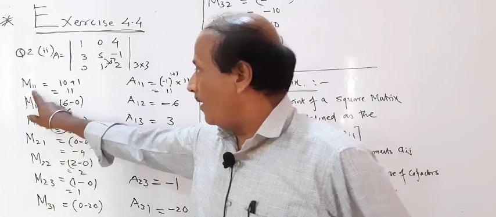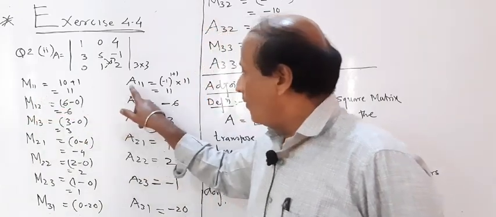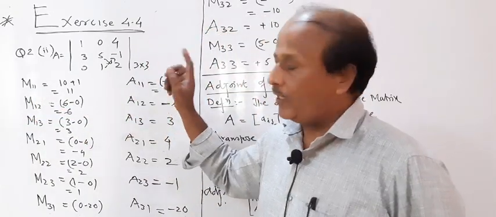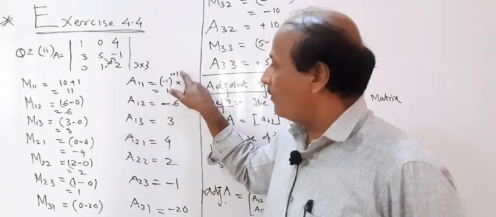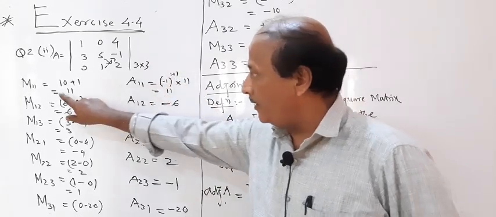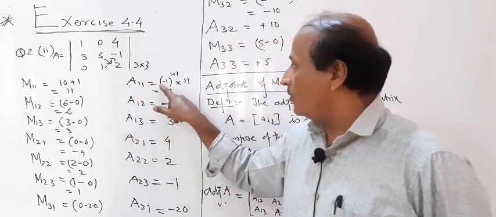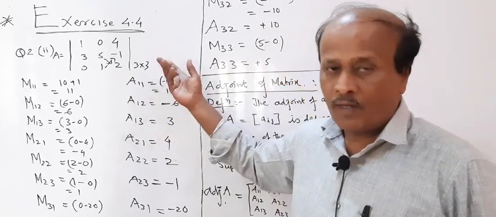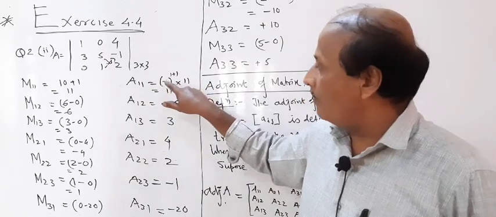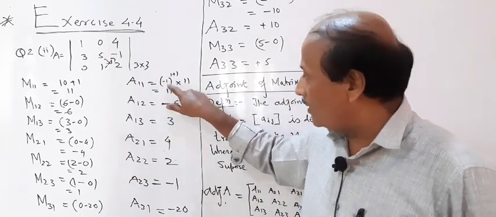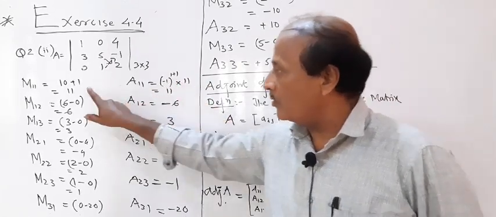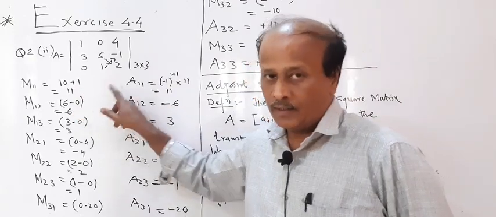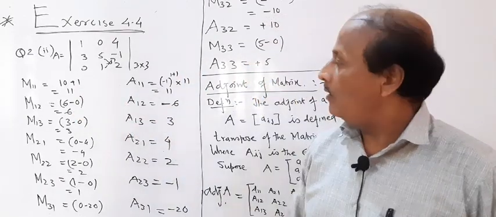This is M11. Then what is the formula for a cofactor? Minus 1 to the power i plus j. Here i and j are 1, 1, so minus 1 to the power 1 plus 1. Minus 1 to the power of an even number gives plus 1 only. So plus 1 into 11 will be 11. So there is no difference between the minor and cofactor in this particular case.